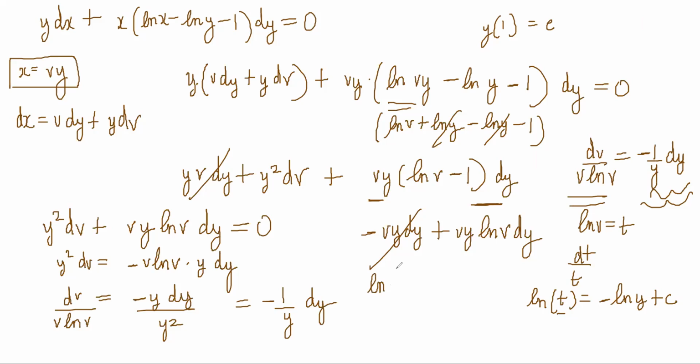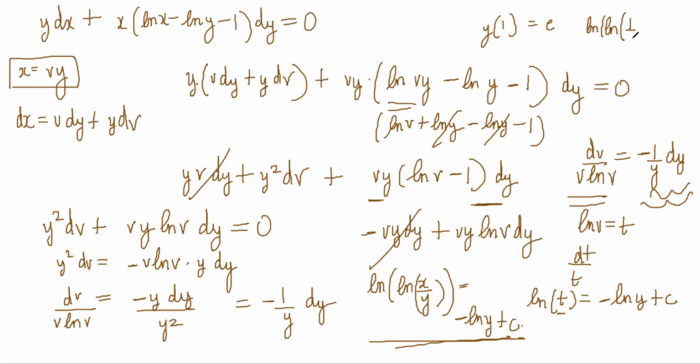So ln of v, and v is equal to x by y, is equal to minus ln y plus c. And now we can put the value of y is equal to e, x is equal to 1. So we get ln of 1 by y is equal to, oh wait, y was equal to e, so 1 by e.